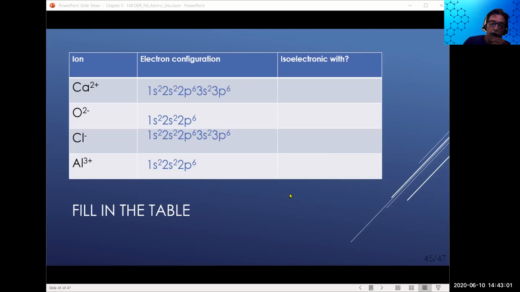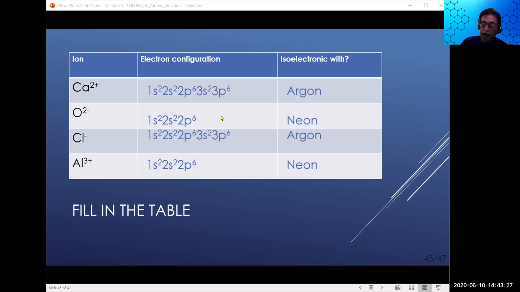Okay. And oxygen normally would be 2p4. Chlorine would be 3p5. And aluminum would have been 3s2, 3p1. Okay. The elements, but all of these became ions. So this is the new electron configuration of the ions.